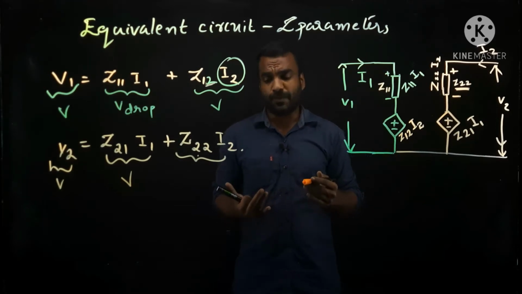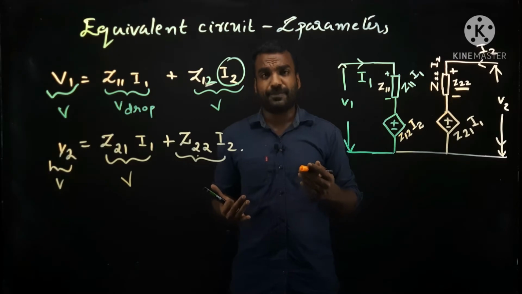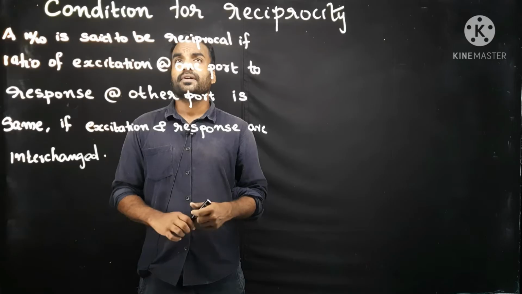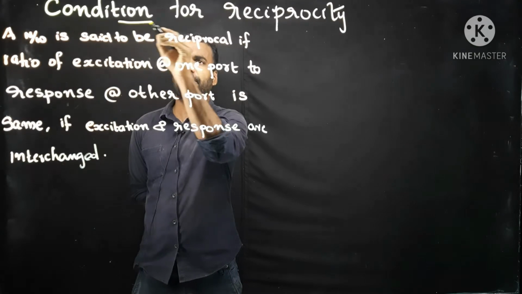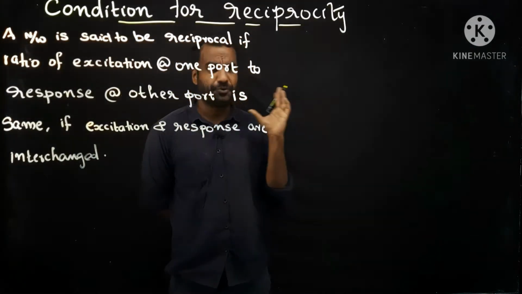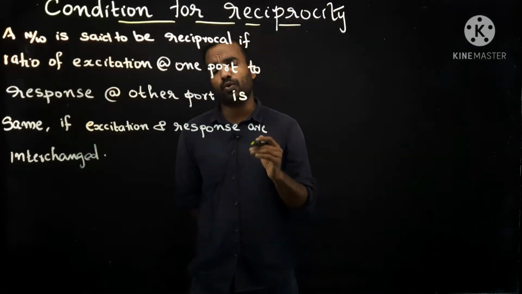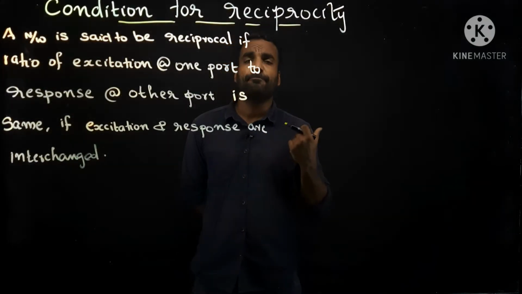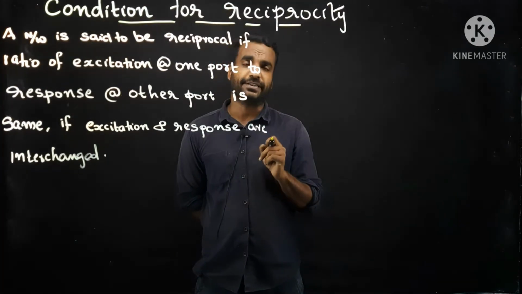Now we are moving to the condition of reciprocity. Before going to the condition, first of all we have to know what reciprocity is, and when we can tell a circuit is reciprocal.